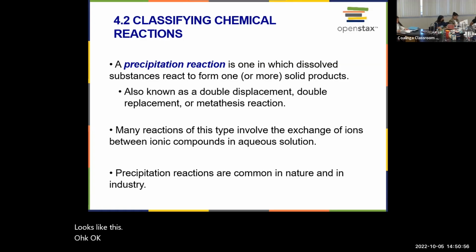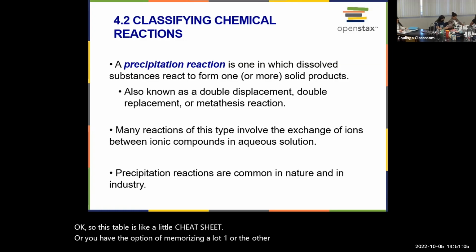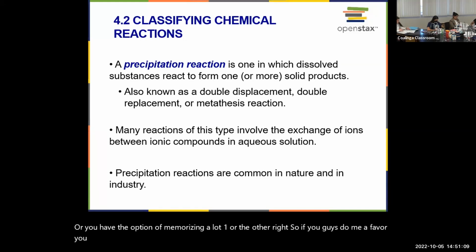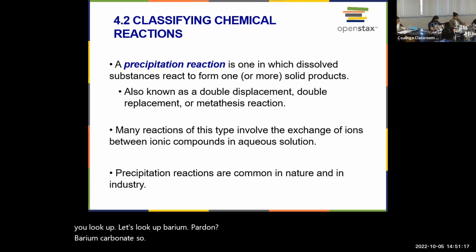Okay, so this table is like a little cheat sheet, or you have the option of memorizing one or the other. Let's look up barium carbonate. So barium, slide over to carbonate. What does it say?